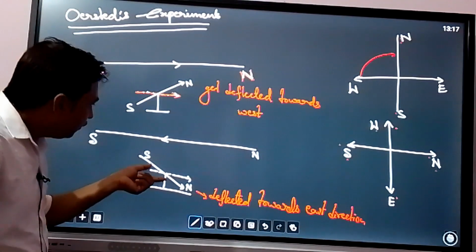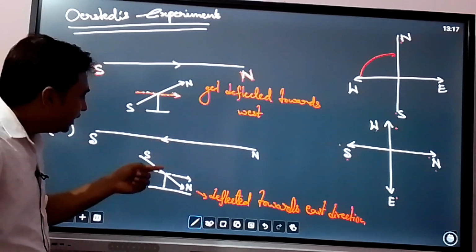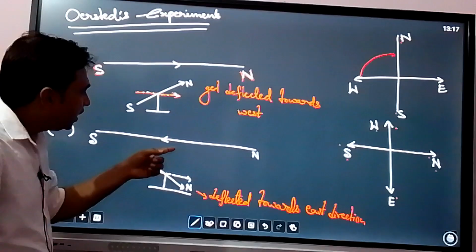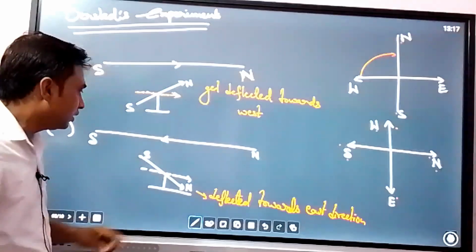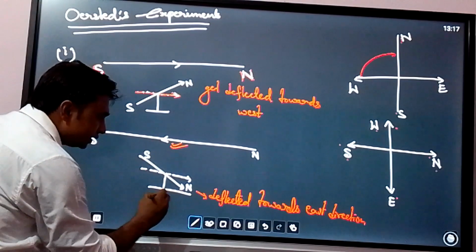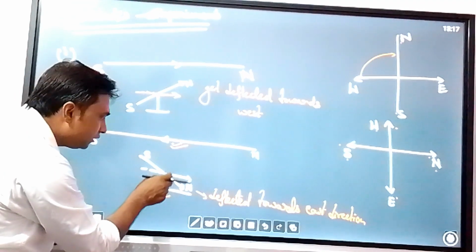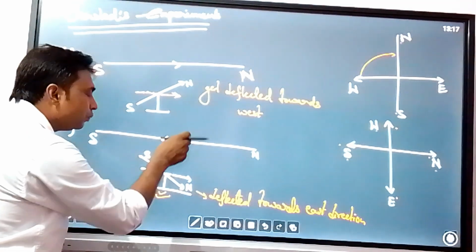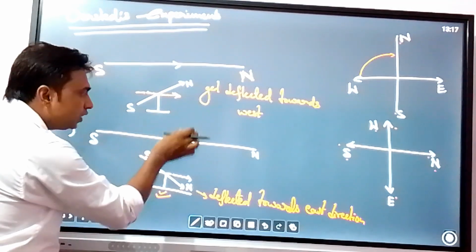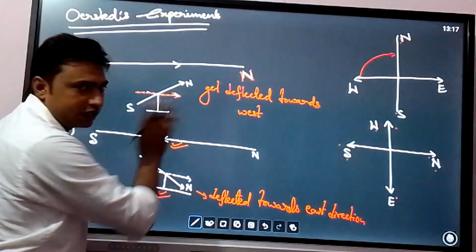In this case, if I put this magnetic needle above this wire, then the north pole will be deflected towards the west direction, because when the magnetic needle is below this wire, the deflection is towards the east direction. And when this magnetic needle is placed above the wire, the deflection will be towards the west direction.